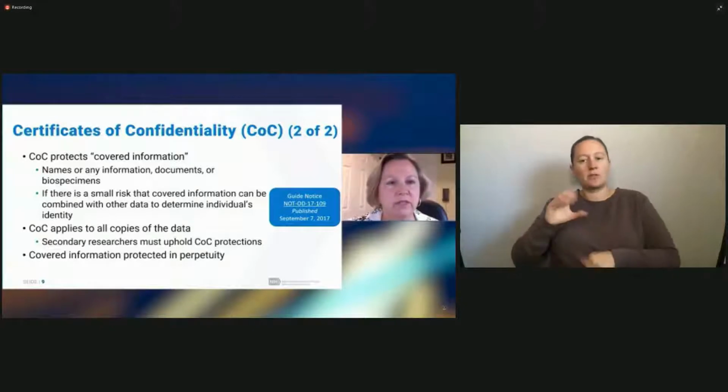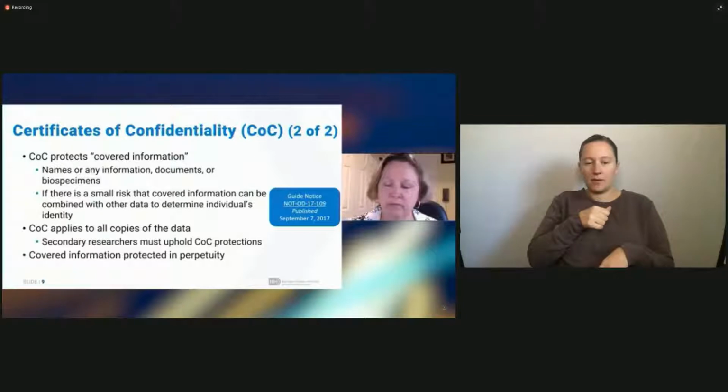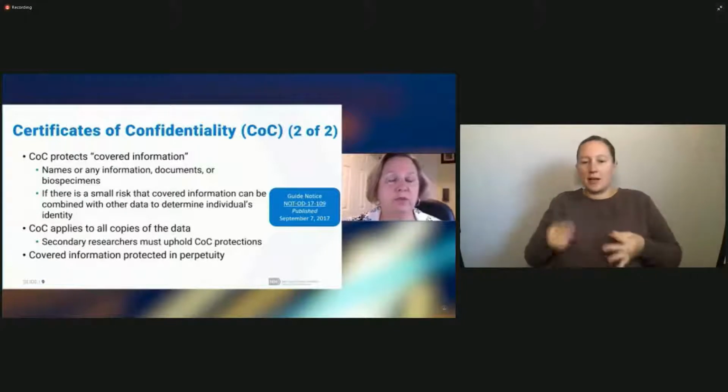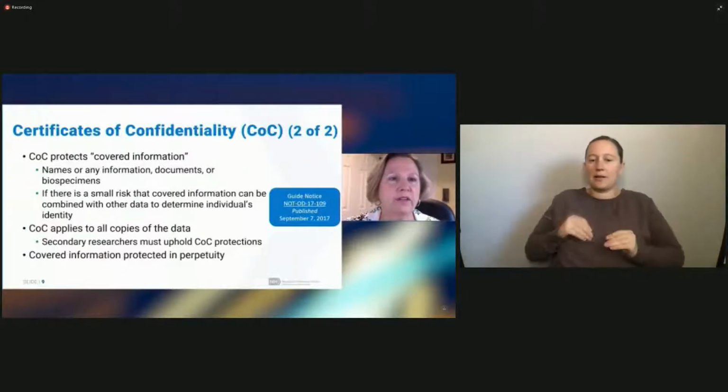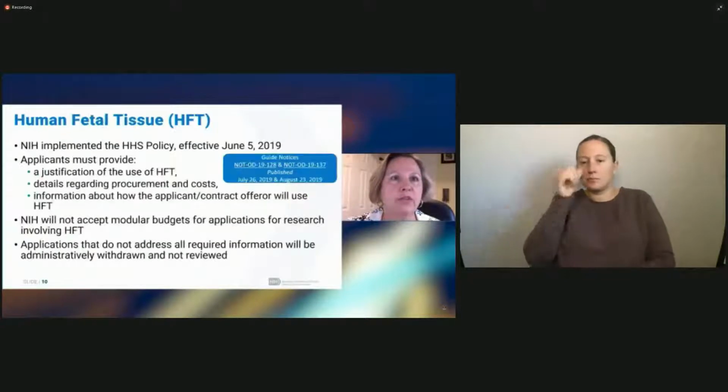And then the last thing I want to tell you about certificates is that the protections last in perpetuity. So these protections go on forever, and you can't decide that you don't want to accept the COC. It is an automatically deemed issued protection.